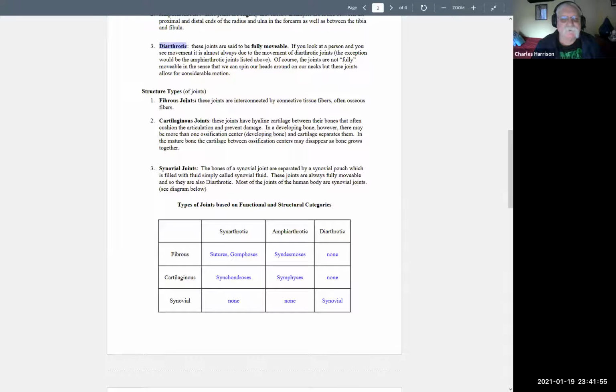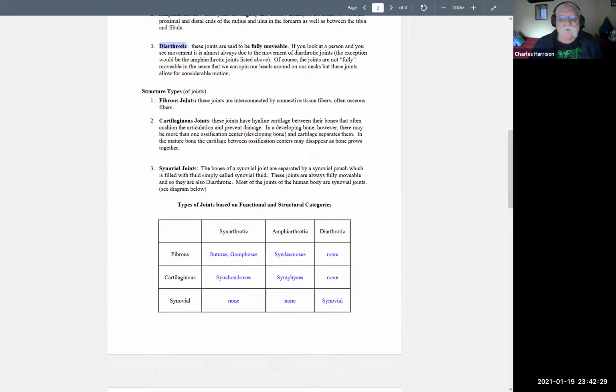The synovial joint is a joint that is freely movable also. And in between two bones, sometimes three, but usually two, it has a pouch filled with liquid. These joints are always movable, so they are also diarthrotic.